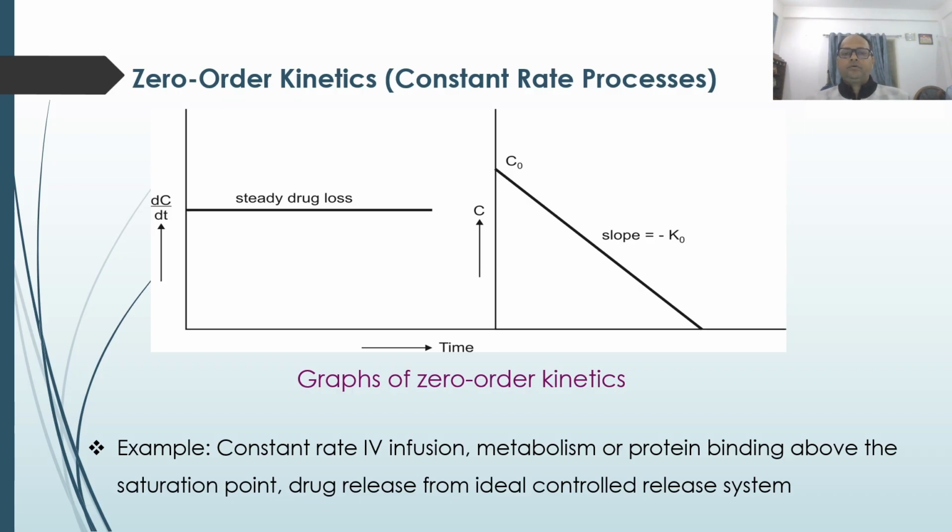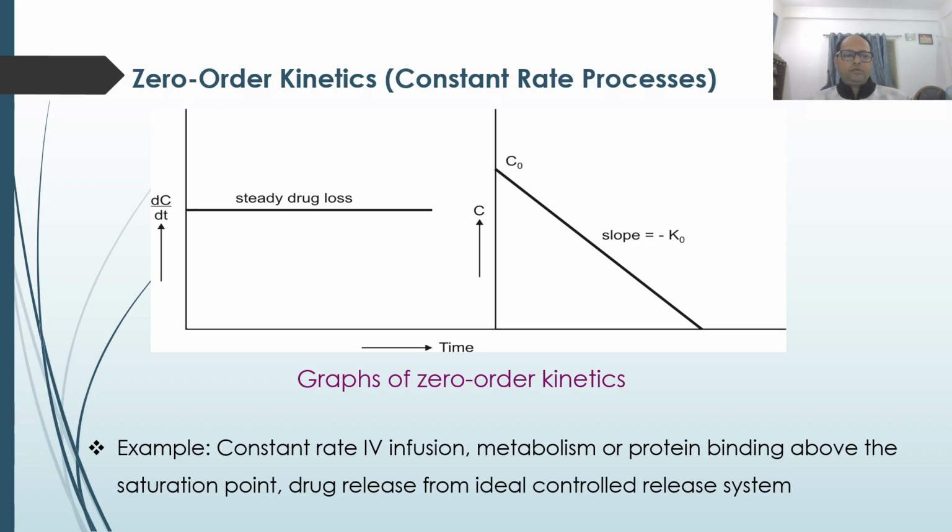C is equal to C0 minus k0 t is in the form of y is equal to mx plus c, which is nothing but the equation of a straight line. From this graph you can notice a constant decline, indicating linearity. The negative sign indicates a constant decrease in plasma drug concentration with respect to time from initial to final.